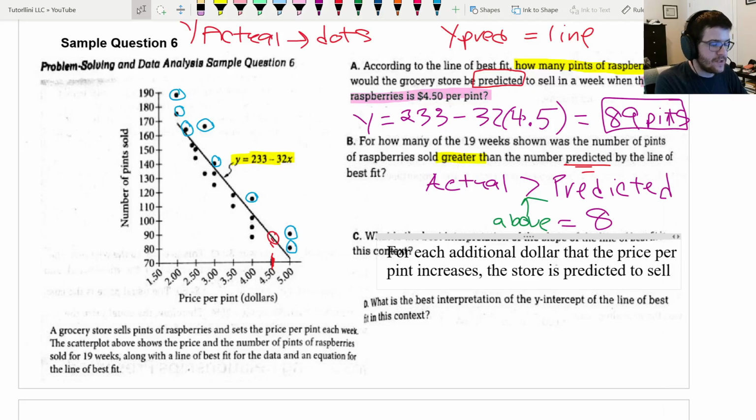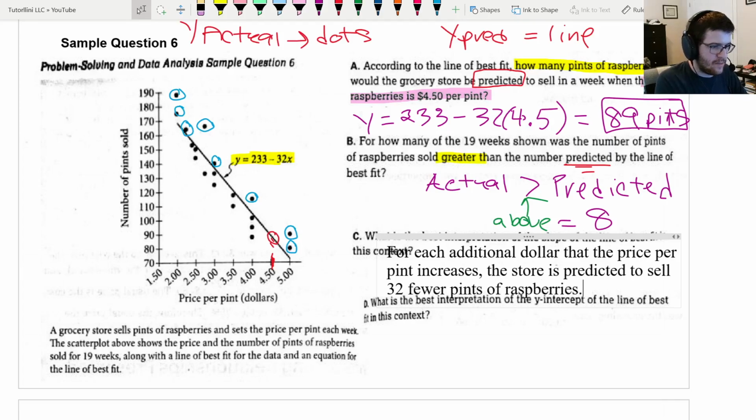So it'll decrease. So sell, decrease. They'll lose 32. In other words, they'll sell 32 fewer pints of raspberries.